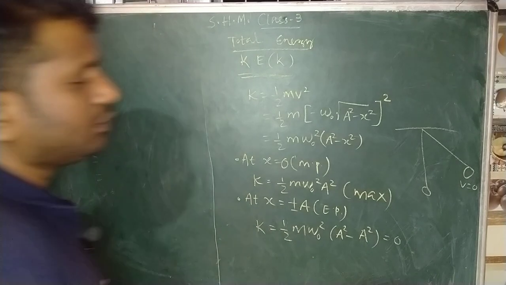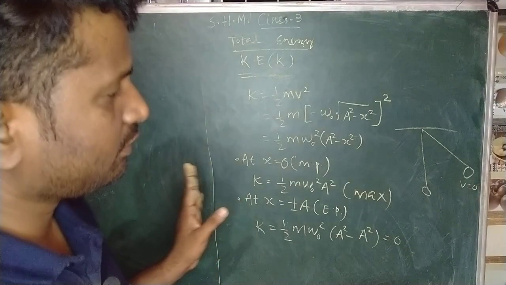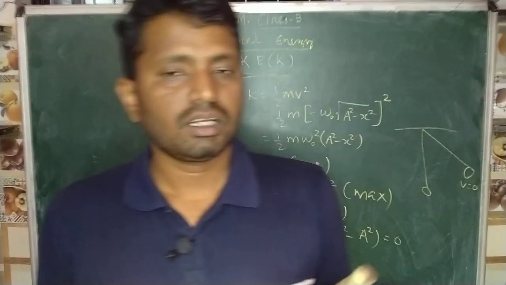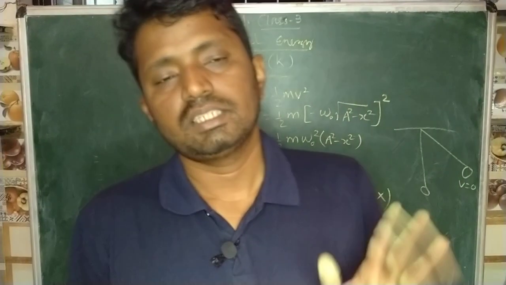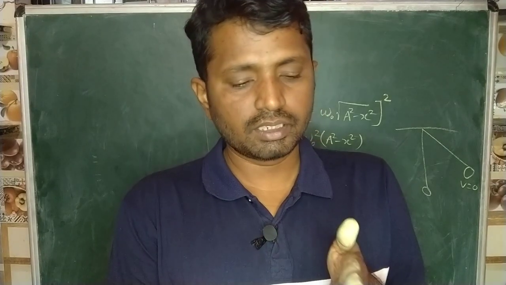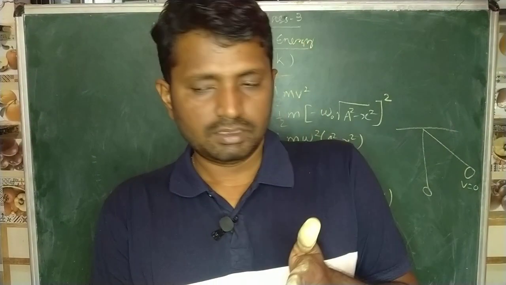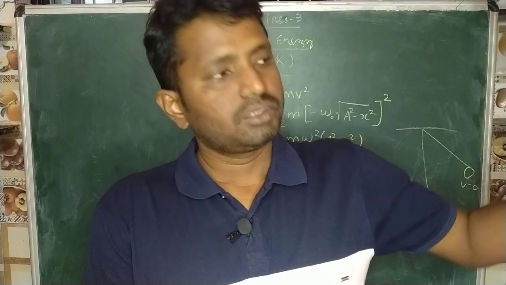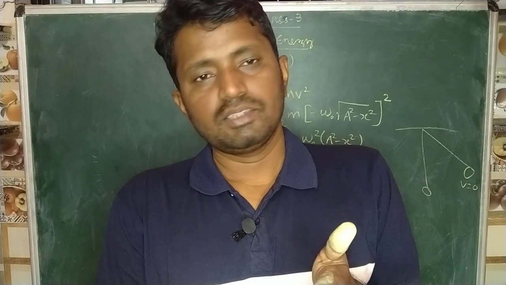Okay, can you say how many times our kinetic energy will vary in one complete oscillation? Just look at here. You can fix your attention to any one position so that you can answer this question more precisely. Suppose this is our mean position and you fix your attention here. Oscillator starts here, comes here, goes here, then returns, then comes here. So when it starts here and reaches here, one time kinetic energy will be maximum.